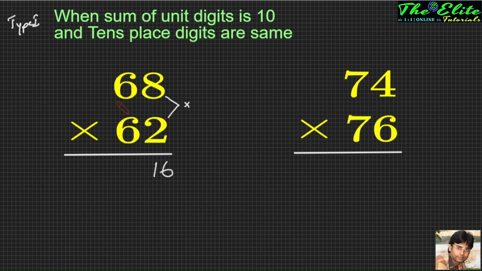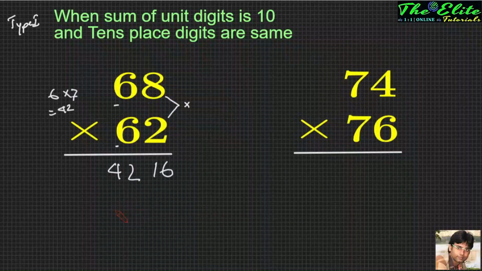Now the next step will be to multiply any of the tens place digits to its next number. Because this number is 6 here, so 6 and the next number is 7. When you multiply, whatever you get, you will write over here. So the result is 4216. You can check.